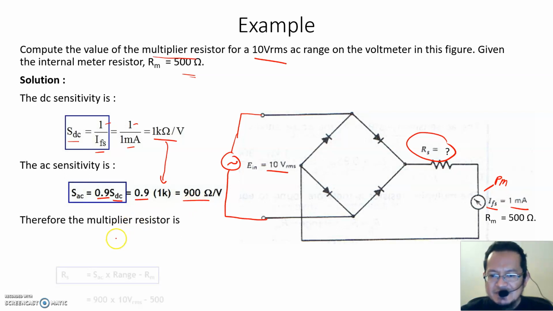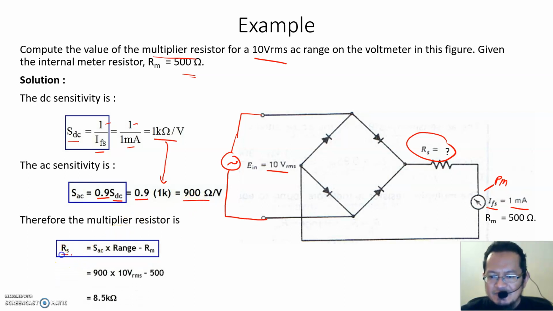Therefore, the multiplier resistor formula is Rs equals SAC, the AC sensitivity, multiplied by the range, which is the RMS value, minus the internal resistance. So 900 multiplied by 10 minus 500 gives 8.5 kilo ohm. So 8.5 kilo ohm is the Rs value here.